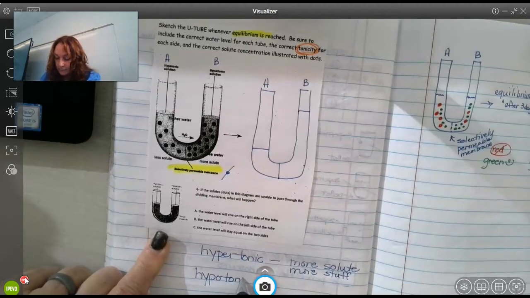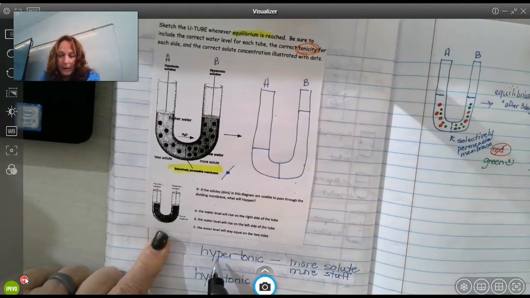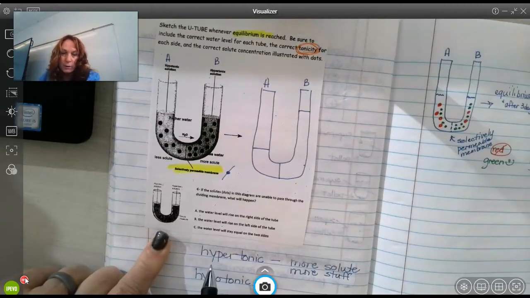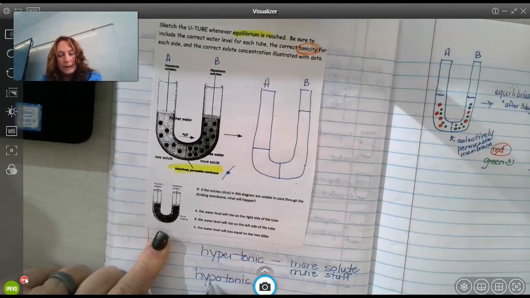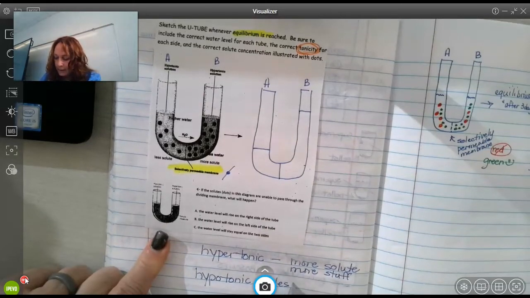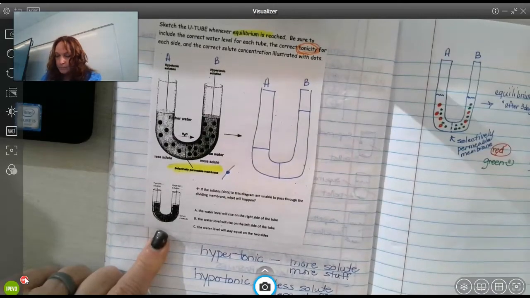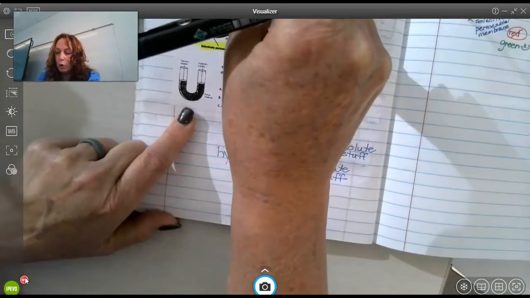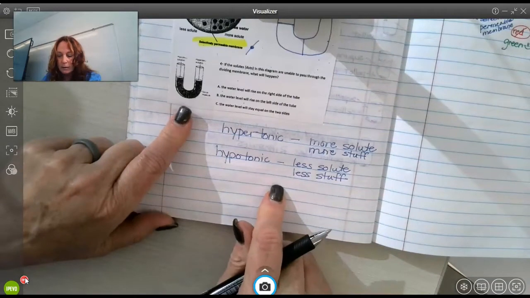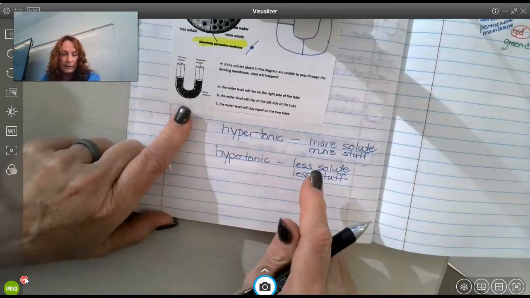Hypotonic, like hyper, you can think about that. You know what it is to be hyper. Like you are way up. You're extra. You're like crazy. High. Hypo, think about a hypodermic needle that they put under your skin. So this is low. This would be less solute, less stuff. Well, whenever you use the words more and less, compared to what?